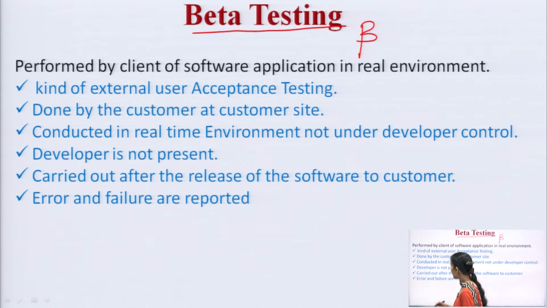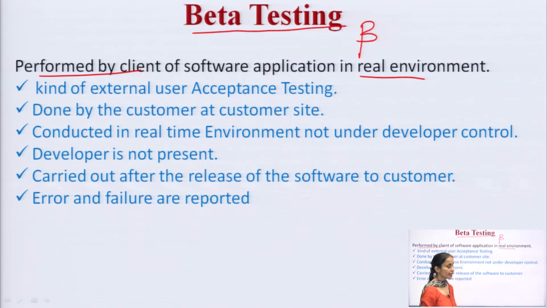So, beta testing we can say that it is performed by the clients of software applications in a real environment. Means the customers are now testing the developed software application once it is ready after alpha testing.